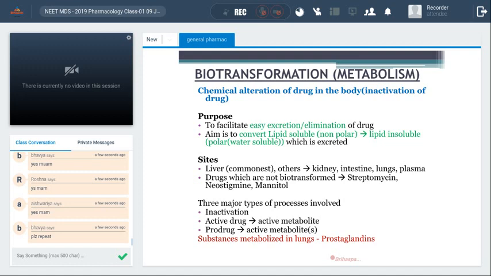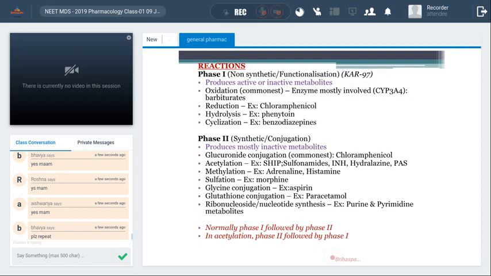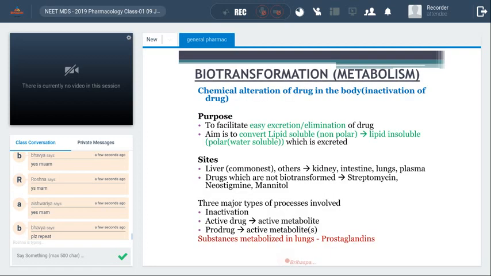Till here, are things clear for you? Till here, is everything clear? Till what time you want me to continue?